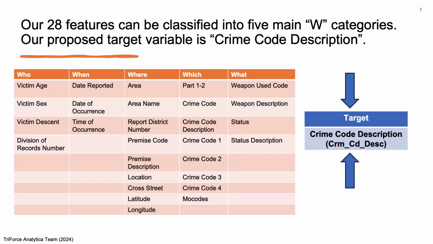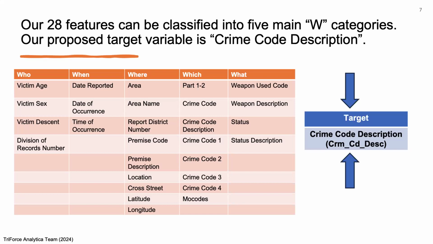We also have more codes which refer to the activities that were associated with the suspect at the incident of the crime. Then we have what, which refers to, of course, what was used in the crime. We have the weapons code and their description, and we also have the status of the case and the description.